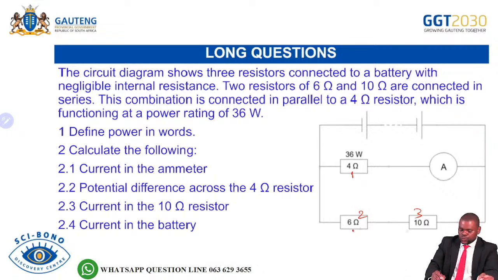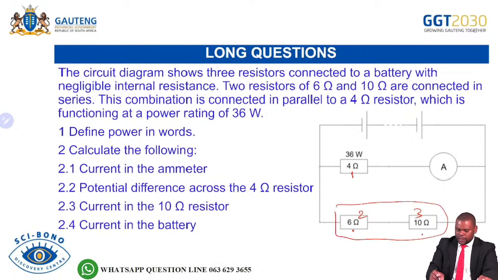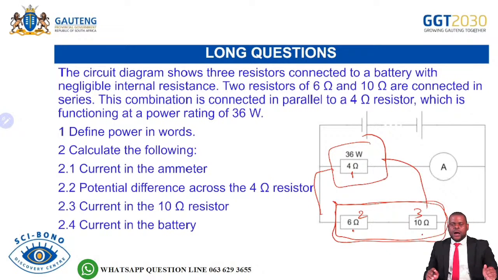You can see this one and this one are connected in series. Are we together? Yes. Then this combination is connected in parallel to 4. When we look at this as a set, not individually, they are connected in parallel.